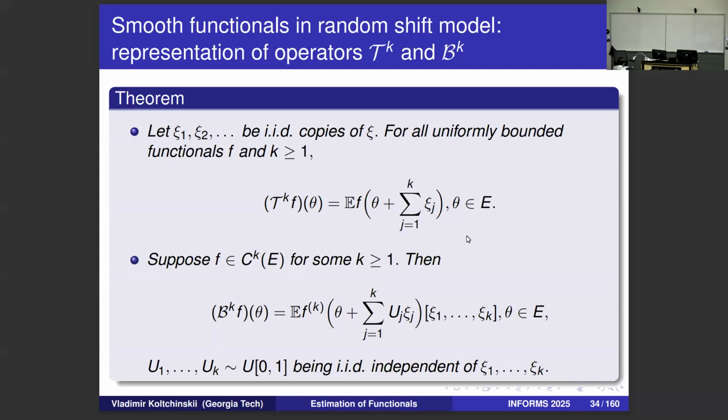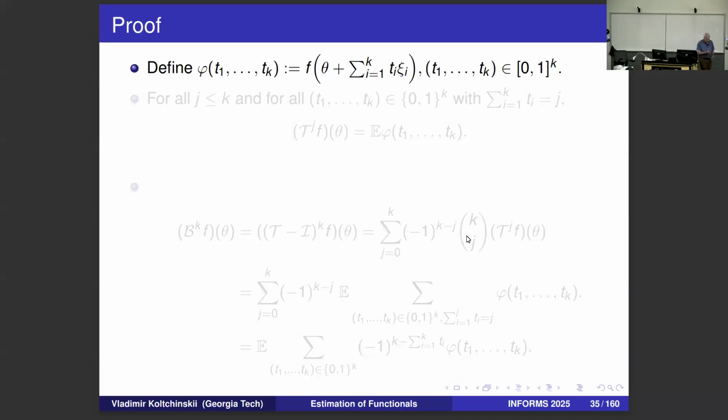It's simple, but I think nice. Why do I need this proof? Because I will later show some more complicated functions, and it will be very similar in many respects.